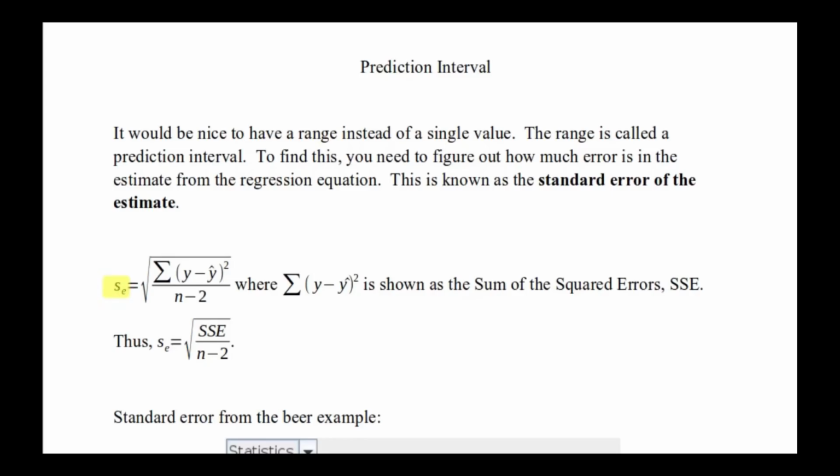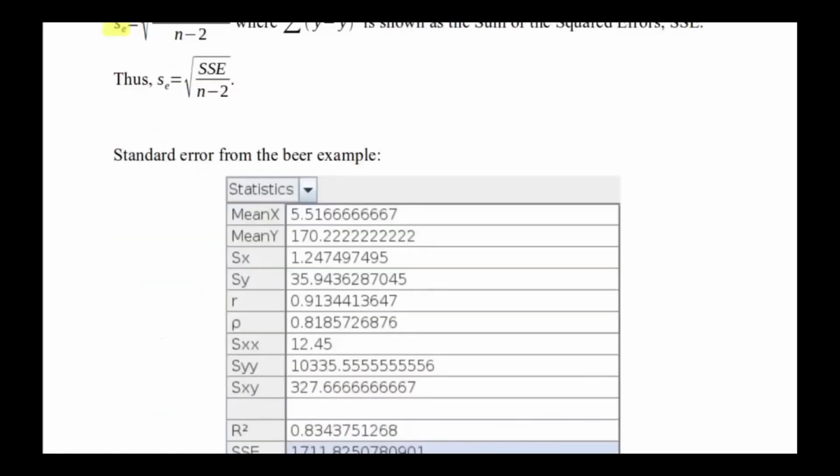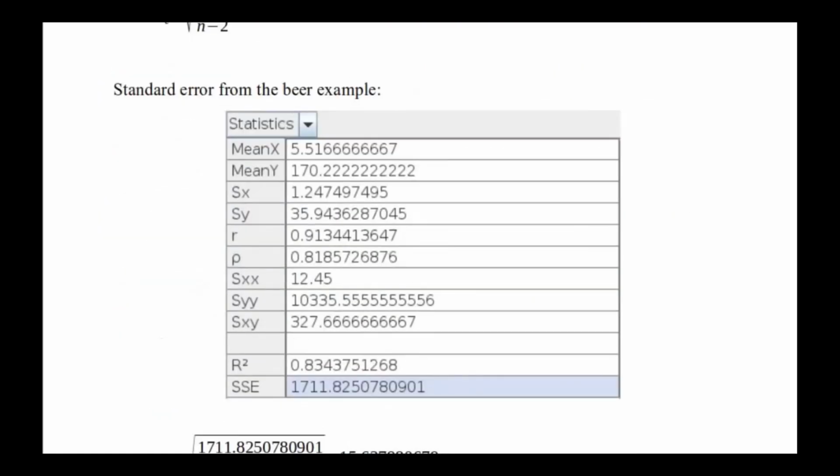Here's the equation for it, where the sigma, that is the sum of the difference of y and y hat squared, is shown as the sum of squared errors, that is SSE. And it's actually shown on our analysis as SSE.